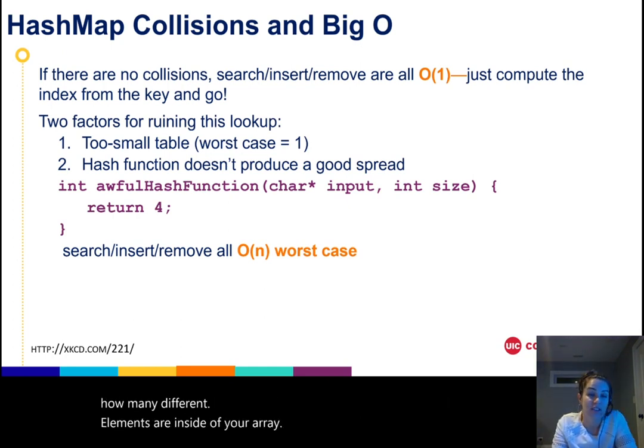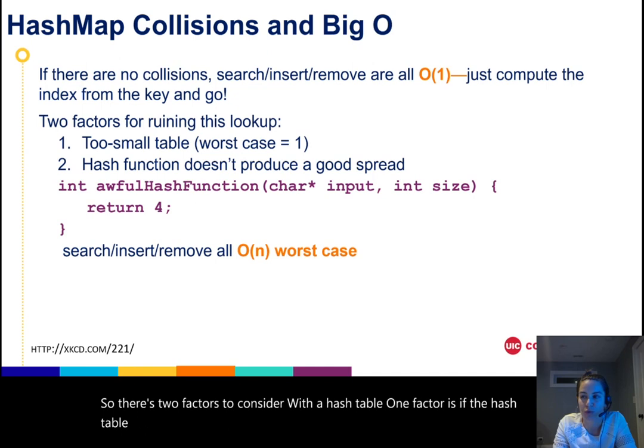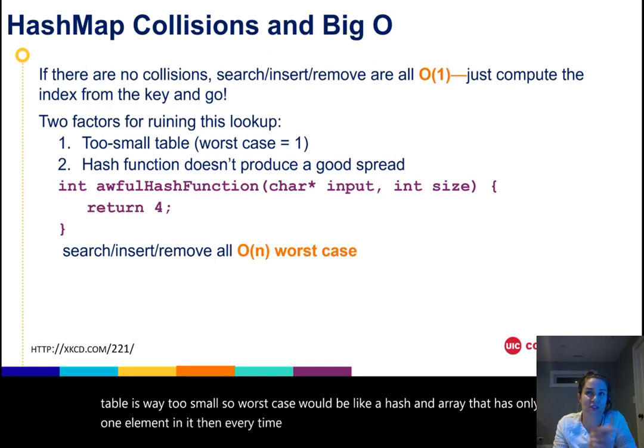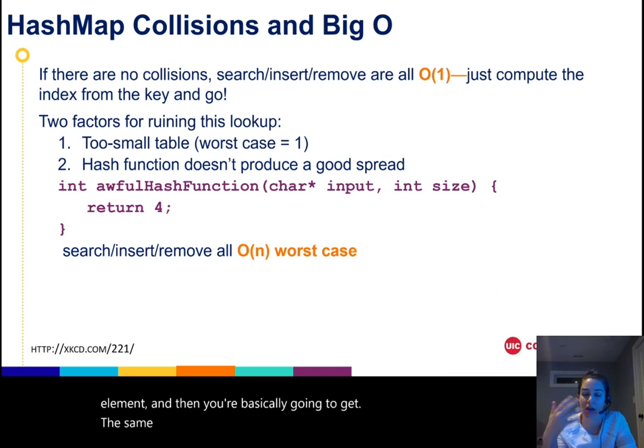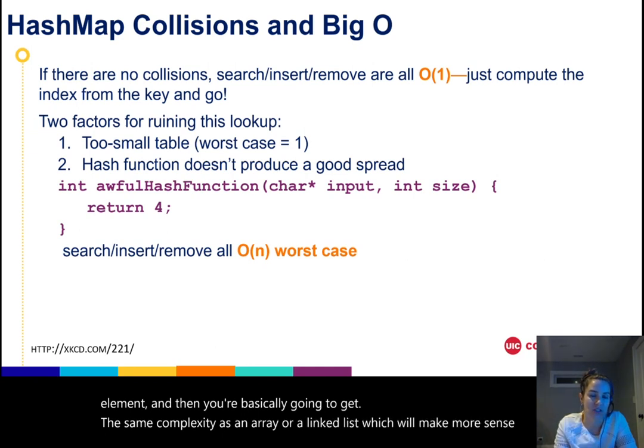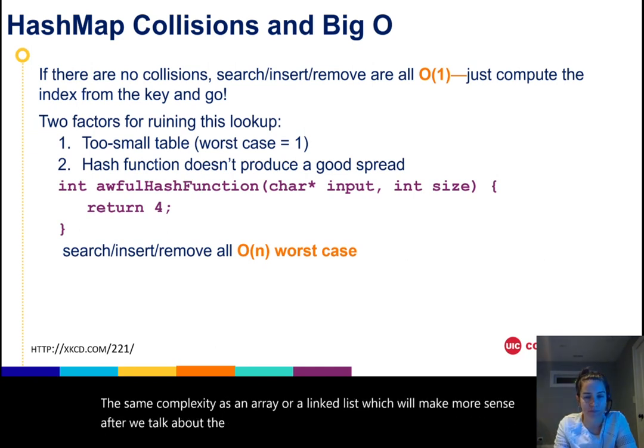There are two factors to consider with a hash table. One factor is if the hash table is way too small. The worst case would be an array that has only one element in it. Then every time you hash, you're going to go to the same element, and you're basically going to get the same complexity as an array or a linked list, which will make more sense after we talk about the collisions in the next couple of videos.